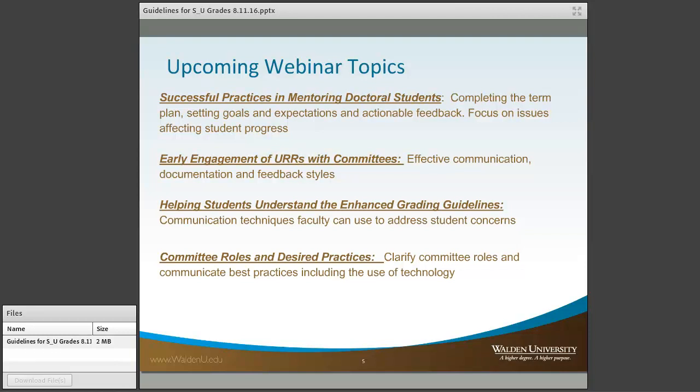We're really thinking about the student experience, supporting progress, ensuring quality, but also making sure that there is a cohesive student experience, so we're going to explore ways that you can engage with the URR earlier to help support progress. Helping students understand the enhanced grading guidelines.